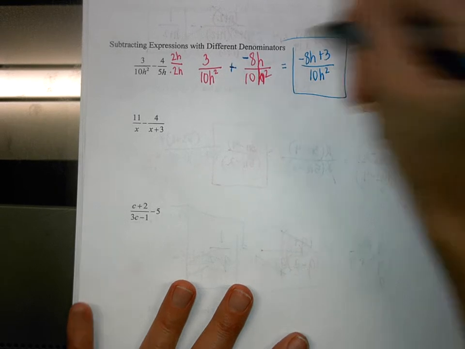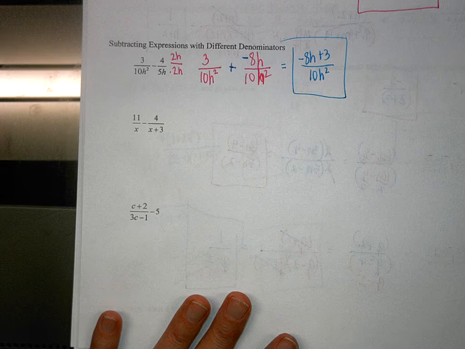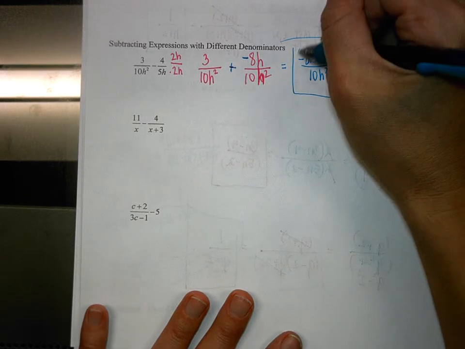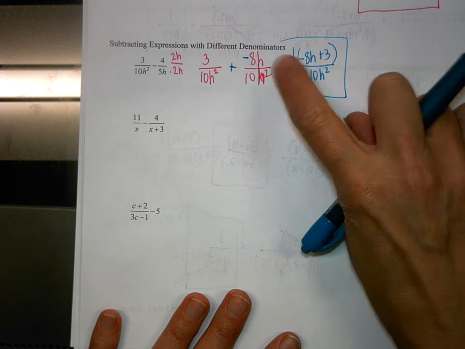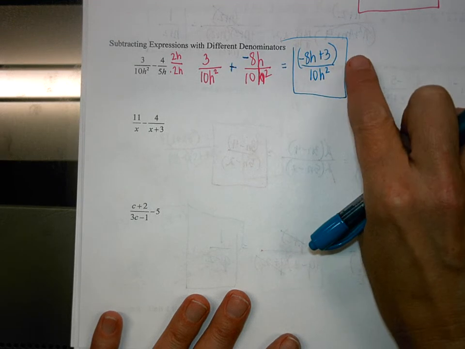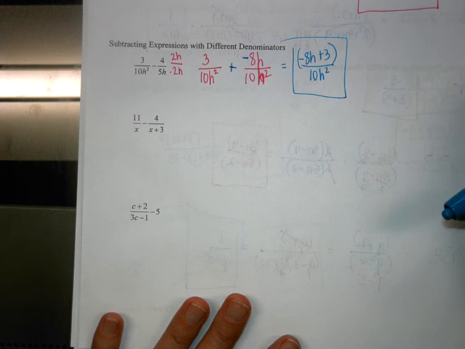If you wrote it as 3 minus 8h, that is okay. Can I reduce anything? No. Because those are connected, right? They're stuck together with glue. All right. Any questions? Yes.